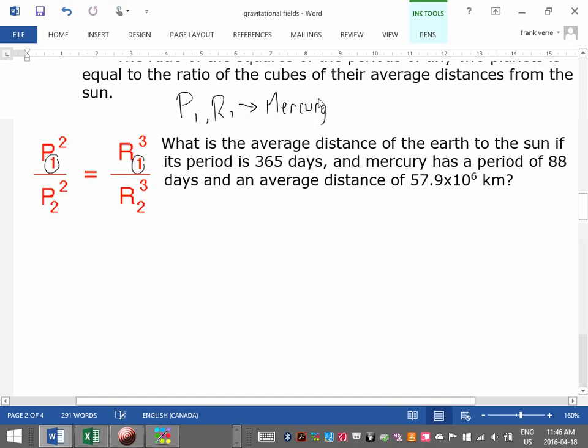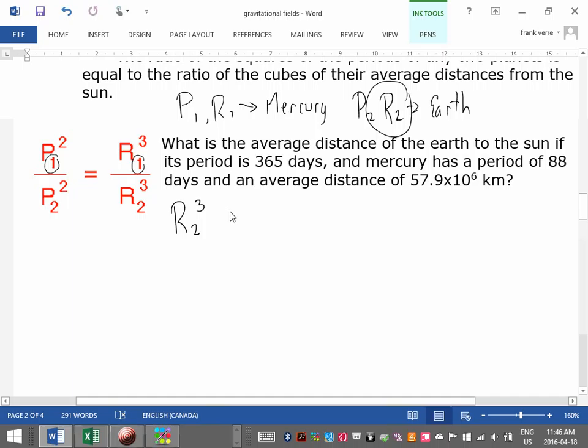Okay, and what that means is P2 and R2 are going to refer to the Earth, okay? Alright, so in this question here, what are we looking for? We're looking for the average distance of the Earth. That's supposed to be R. So we're going to look for R2. So I'm going to rearrange this and solve for R2.